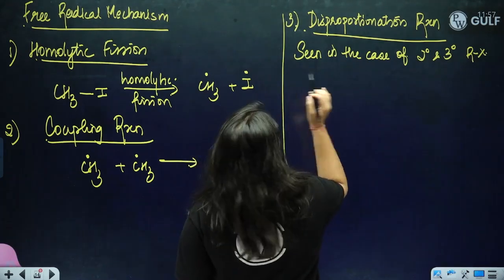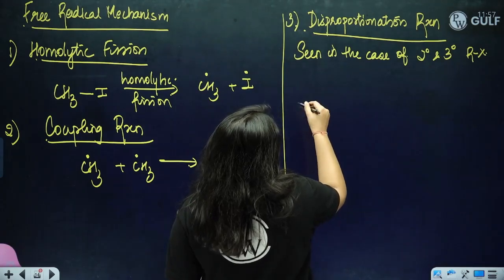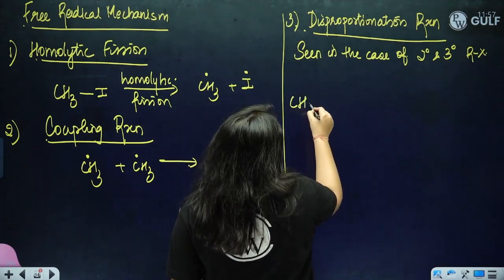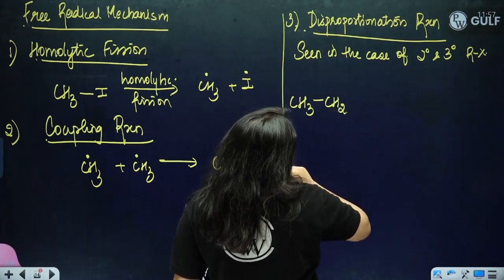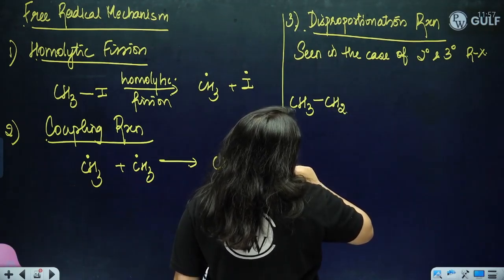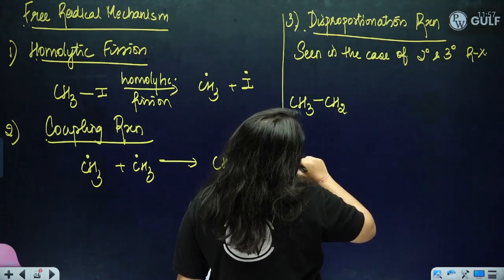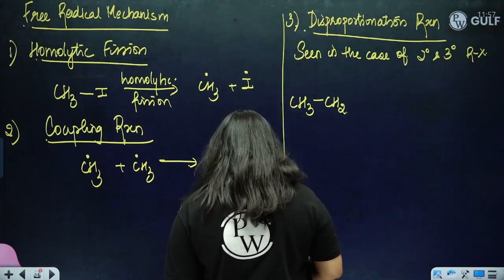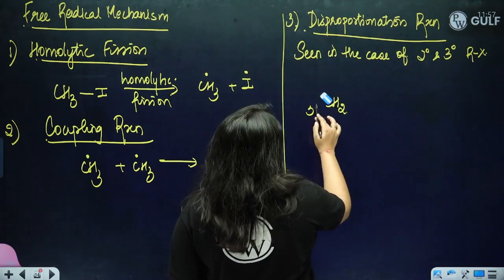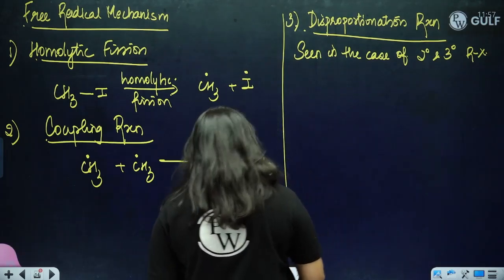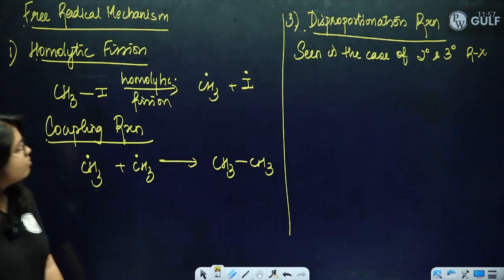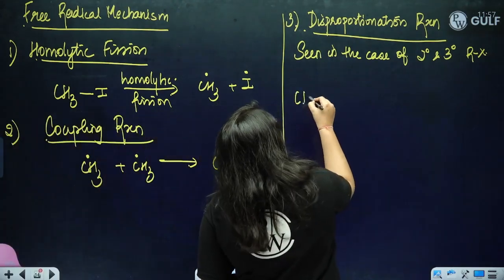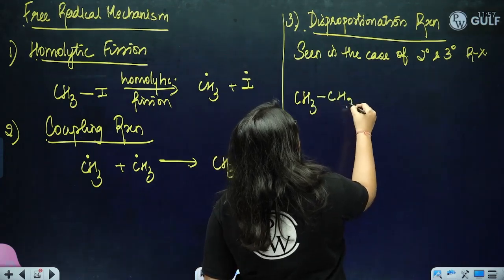Let's take a primary alkyl halide only, CH3CH2I.